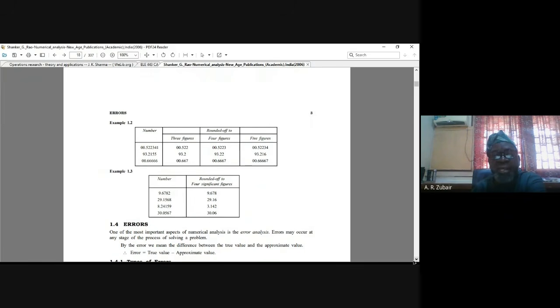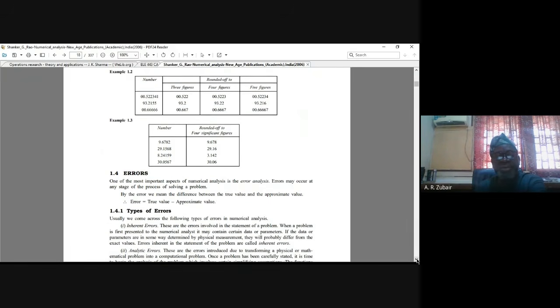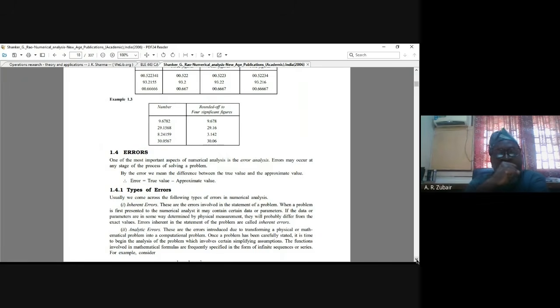So for example here, if we want 3, it will be 93.2. If we want 4, it will be 93.22, because the next digit is 5. It should not be difficult for us to grasp. If you are given specific numbers and 4 significant figures, this will be your result.